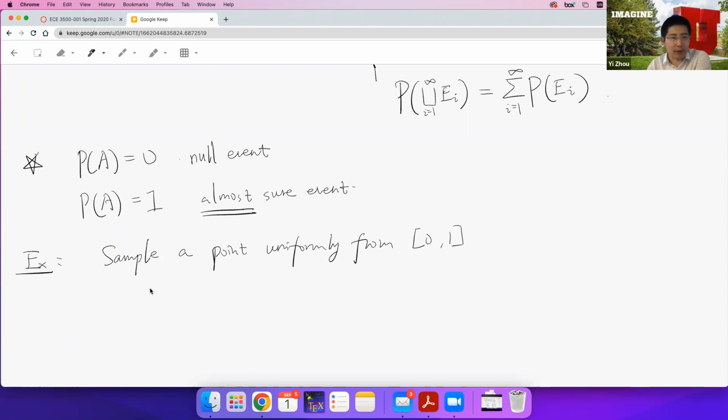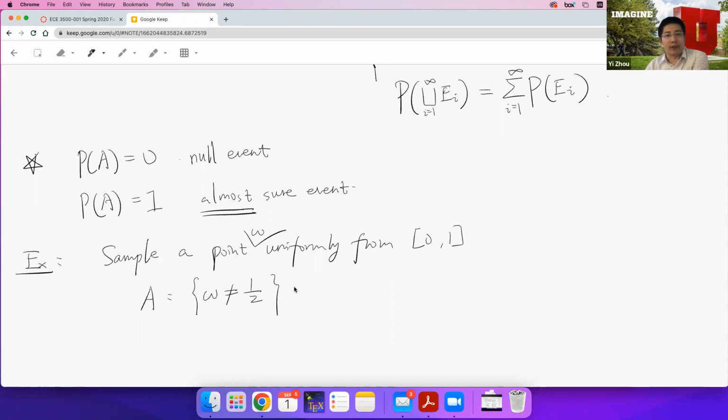Let's call this sample point omega. And let's consider this event A, where this omega is not equal to 1/2.